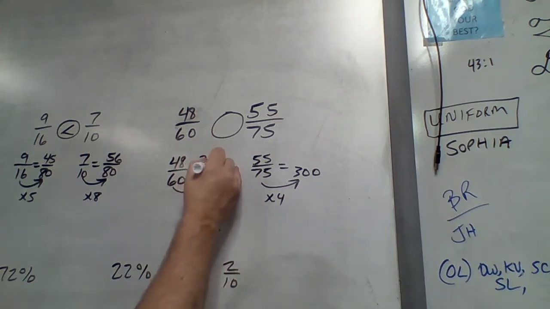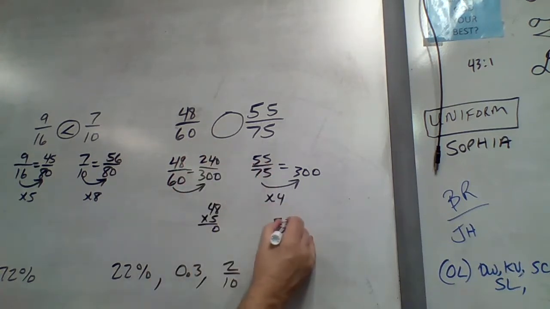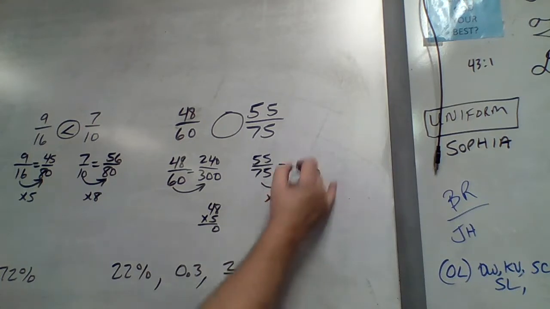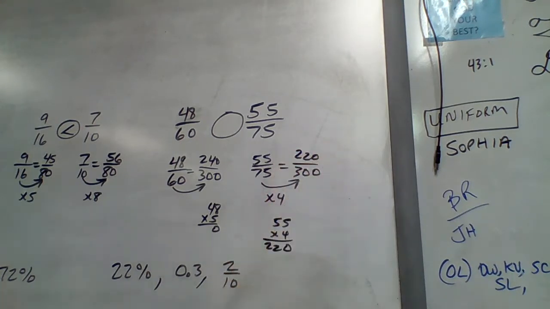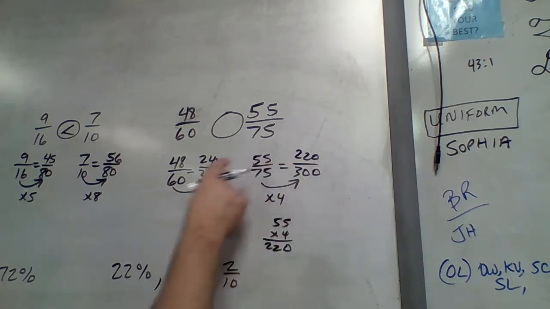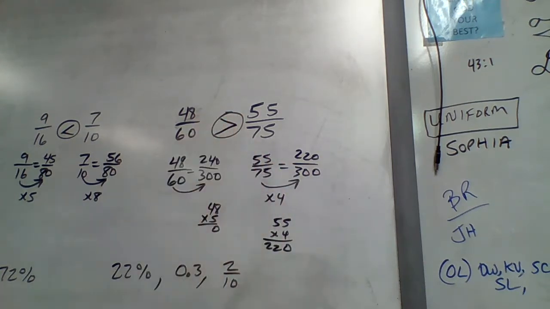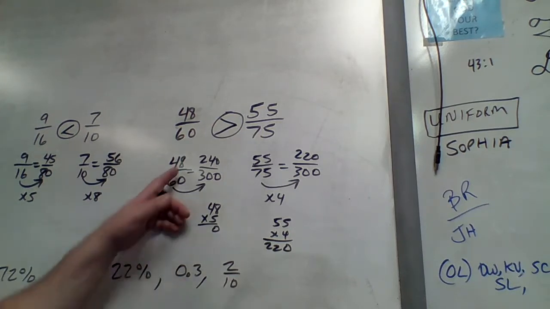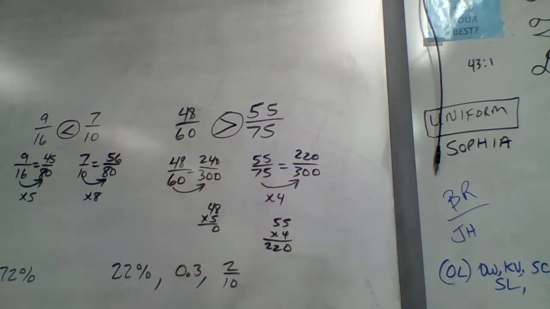That's 240. 55 times 4, because I have to continue that multiplying by 4 pattern, is 220. Which one's bigger? 240 is bigger, so I need a greater than symbol. We're changing the fractions so that the fractions have a common denominator.